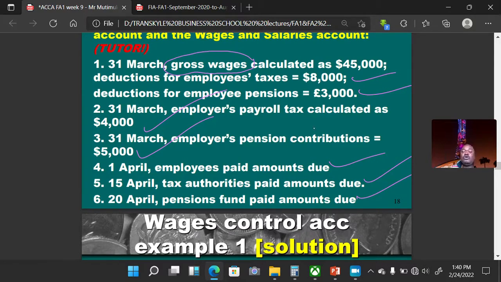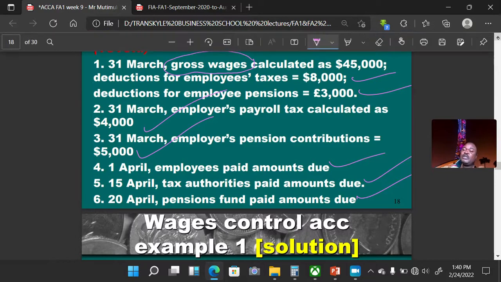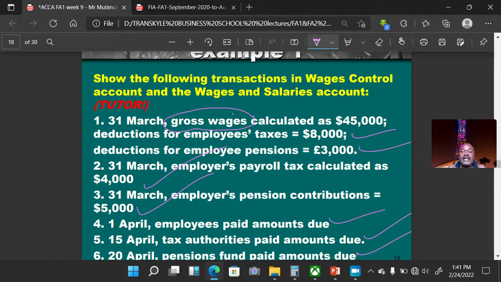So we are told that those expenses which we had recognized were paid on these particular dates. Now the question is saying that we want you to show these entries in our wages control account and the wages and salaries account, because by the end of the day, as accountants, we have to communicate through our records, through our books.